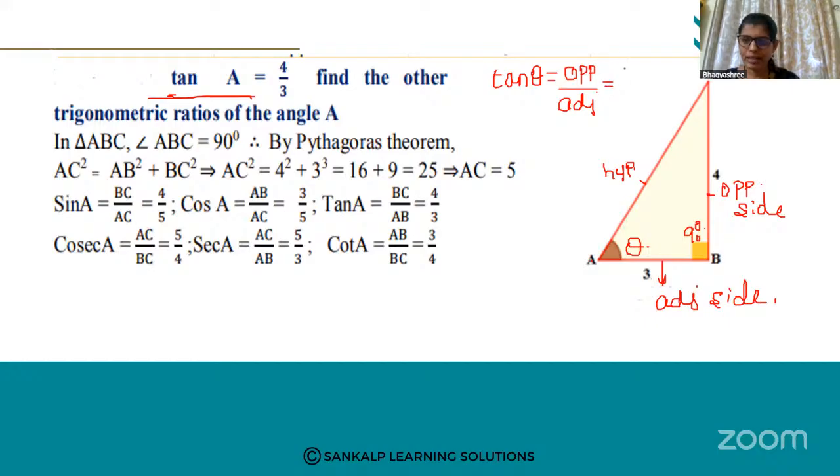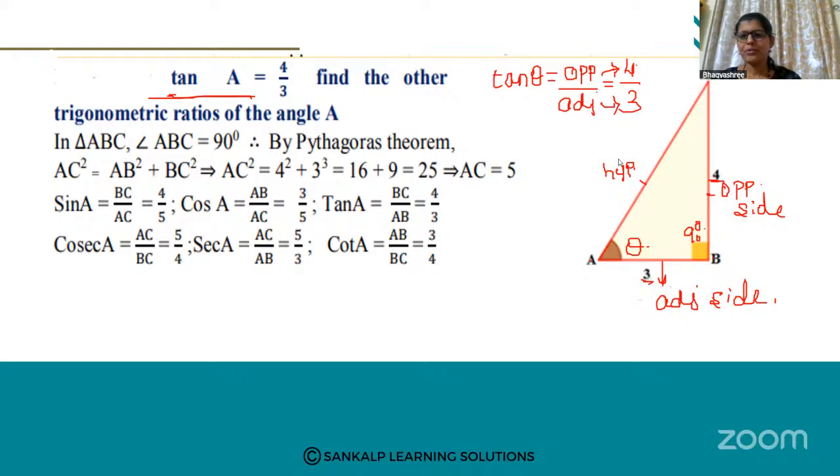So 4 by 3 means 4 is the opposite side, 3 is the adjacent side. Have you understood? So let's write these values here. BC is the opposite side, that is 4, and adjacent side is AB, that is 3.